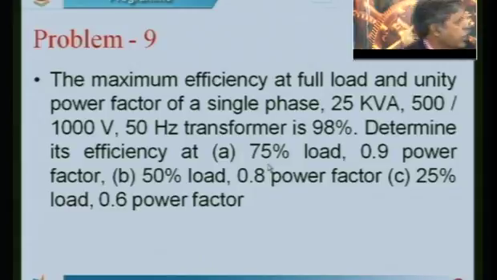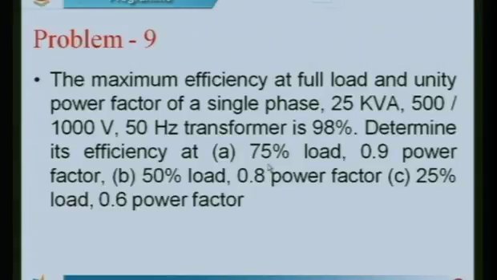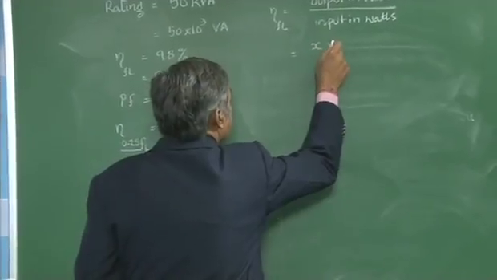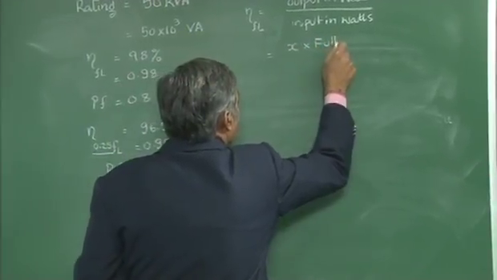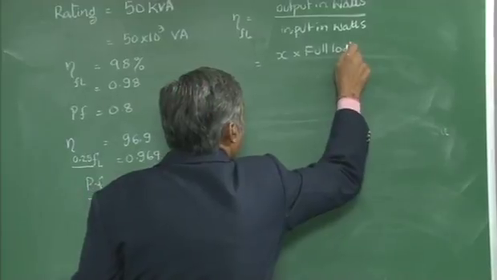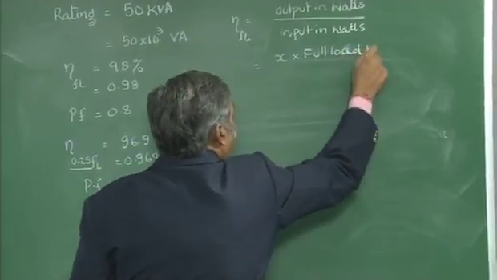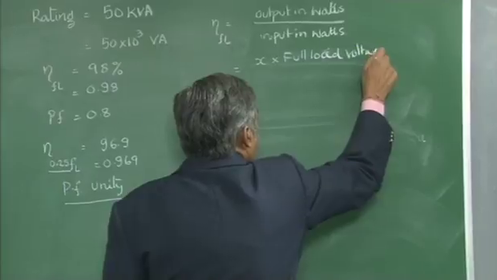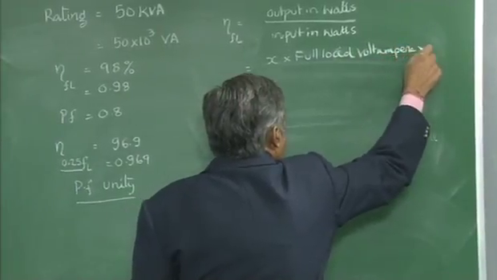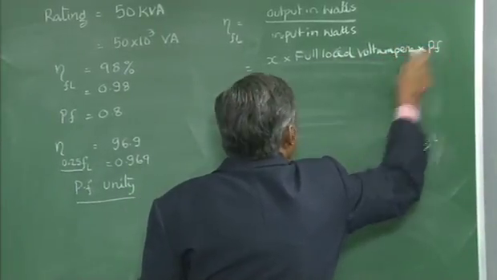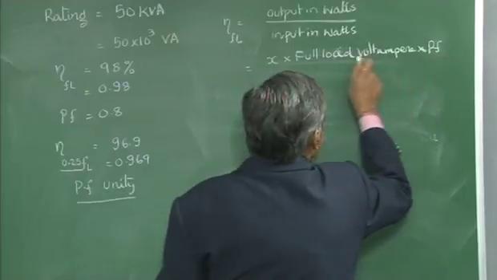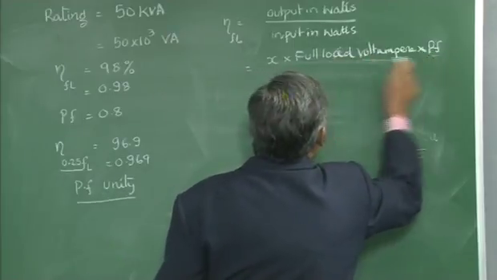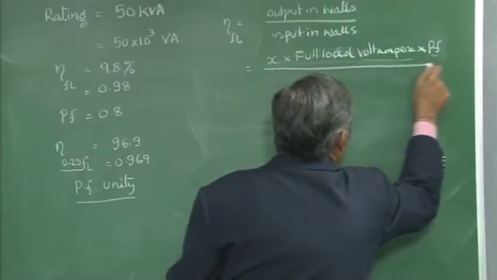So I have different power factors and different load conditions, and I can again use the same equation. I will just write it like this. Efficiency equals x multiplied by full load volt ampere, multiplied by power factor. The multiplication of volt ampere and power factor will give you the output in watts.